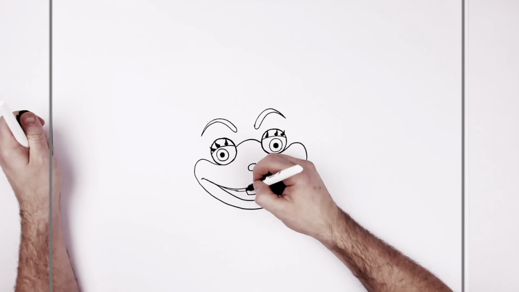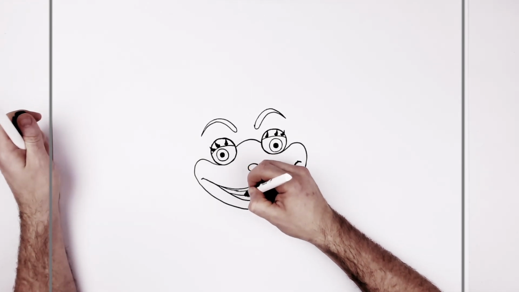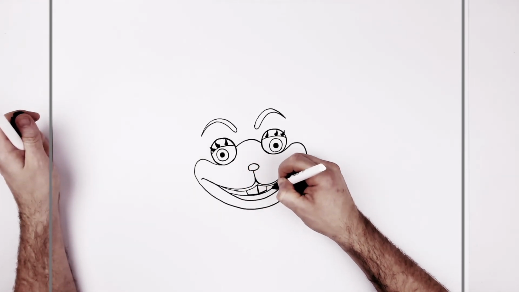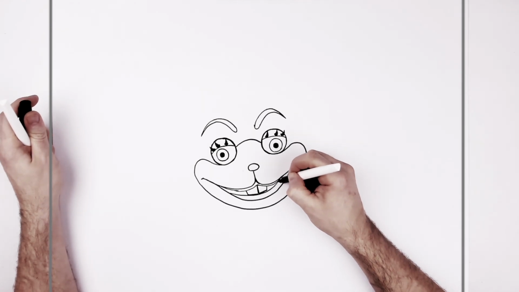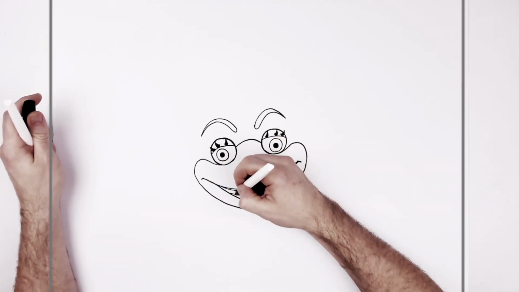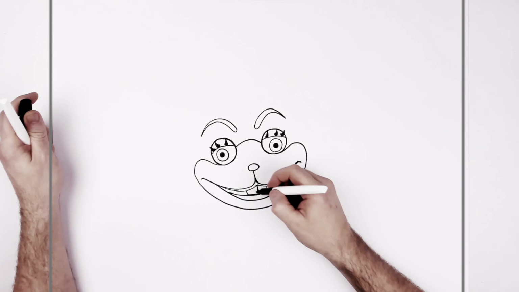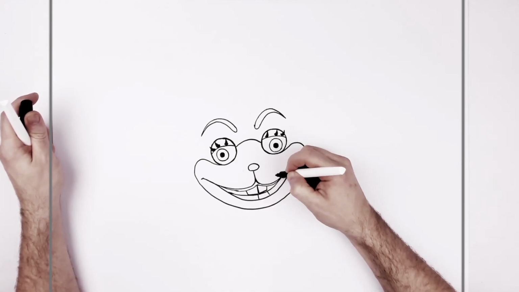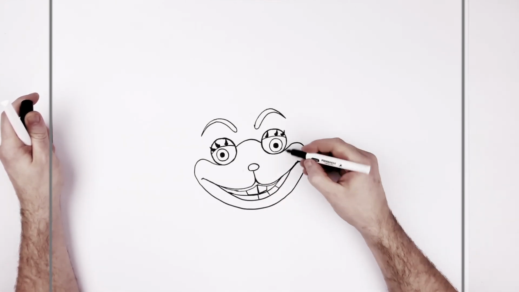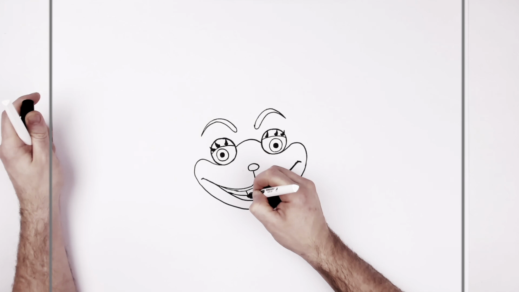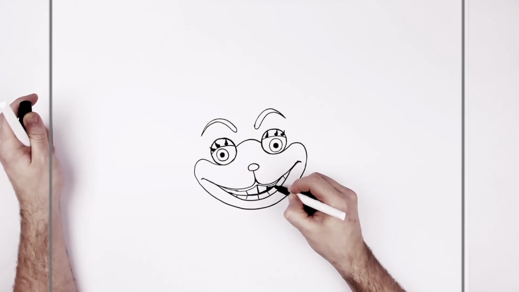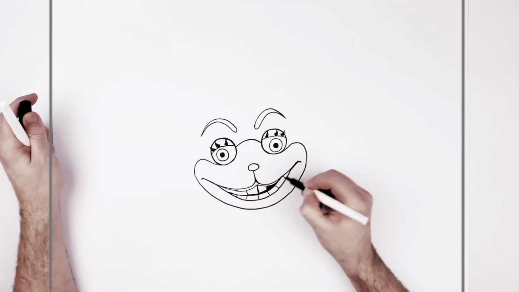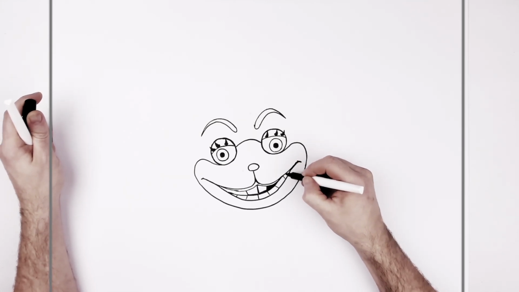Right, and then the bottom teeth just come around here. That's all black in the back, it looks like. Right, so you got teeth lines here. Right, just black shadow in here and here.